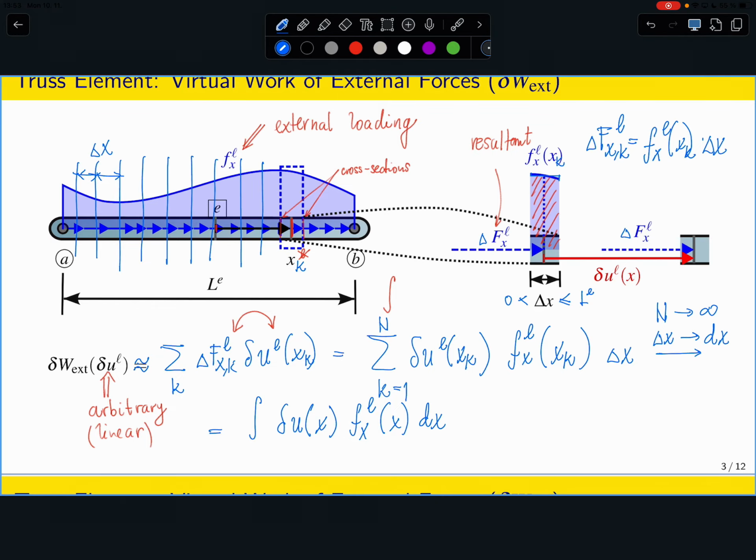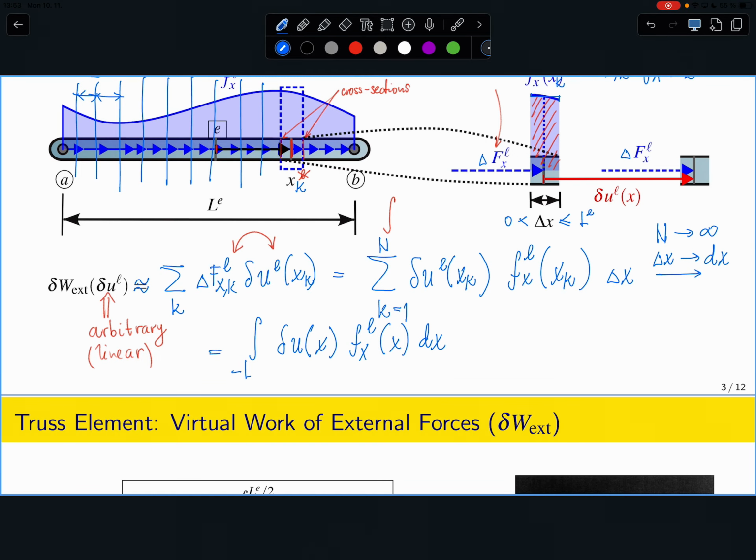Yep. So it's minus length LA over 2 and the upper limit is LA over 2. And now this is no longer an approximation, this is exact.